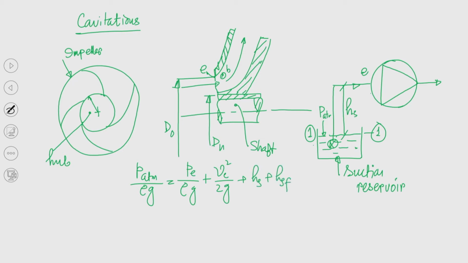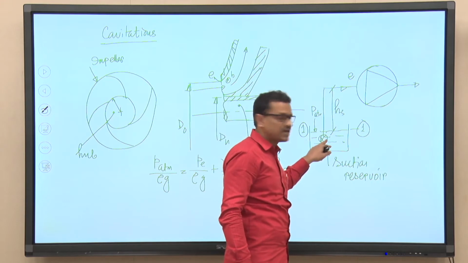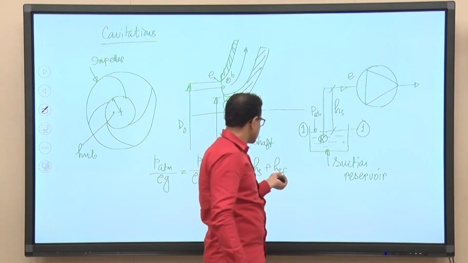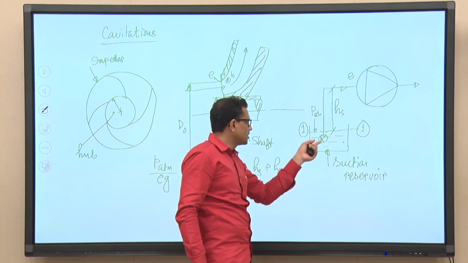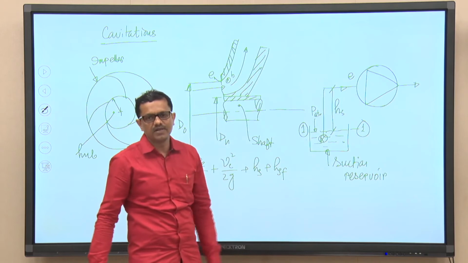Here H s is the static suction height and H s f is the frictional losses, which take into account the losses due to the presence of strainer, frictional losses, and also the presence of valve, bends, etc.